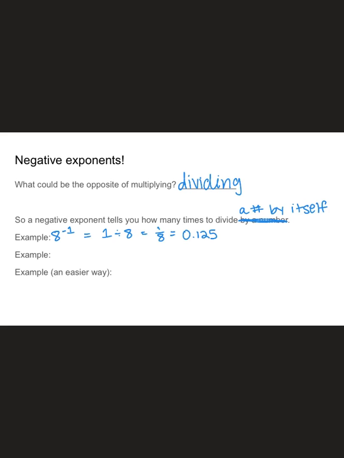Or we could have it where we have to divide by the same number multiple times. So we could have, for example, 5 to the negative third power, which would be 1 divided by 5, divided by 5, divided by 5. There are 3 5s there. Oh, I put one too many. Let's back that up.